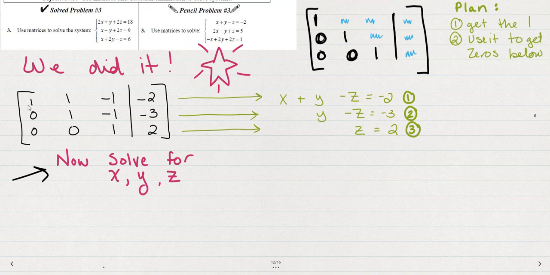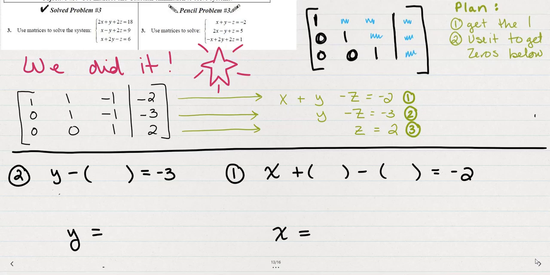So this would be 1x plus 1y minus 1z equals -2. 1y minus 1z equals -3. And z equals 2. I'm going to use back substitution. And when z is 2, I can substitute that 2 in for z to find y. And then I can use back substitution to find x.